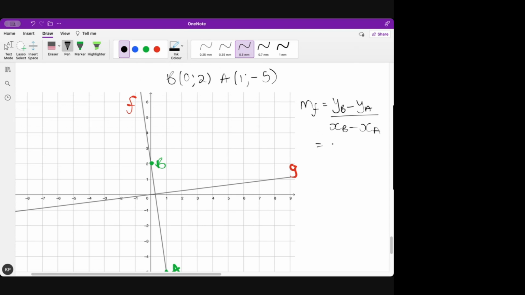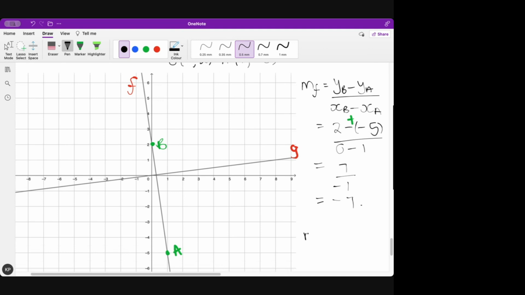Y of b, 2 minus negative 5, which is the y of a, divided by the x of b, which is 0 minus 1. Again, we have our positive over here. So in the numerator, I have 2 plus 5, and 2 plus 5 is 7 over 0 minus 1, which is negative 1. So what's 7 divided by negative 1? Negative 7. Great.